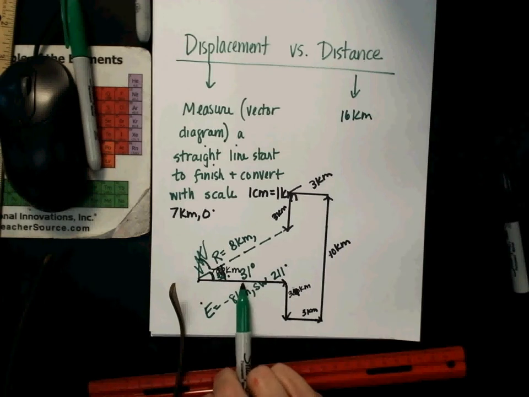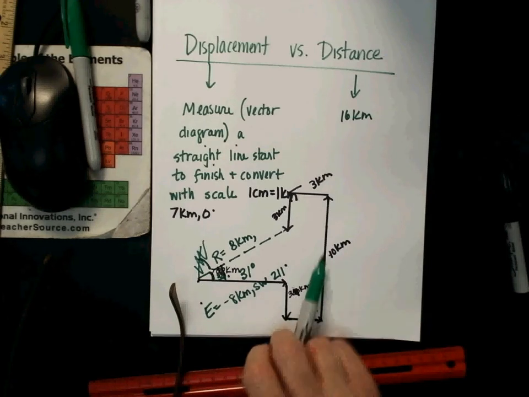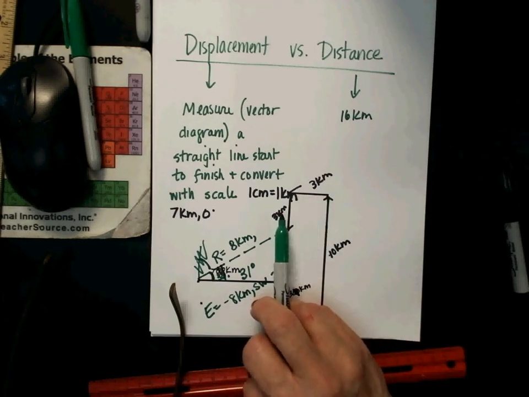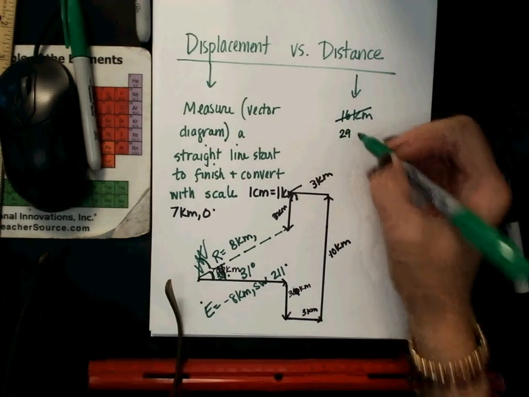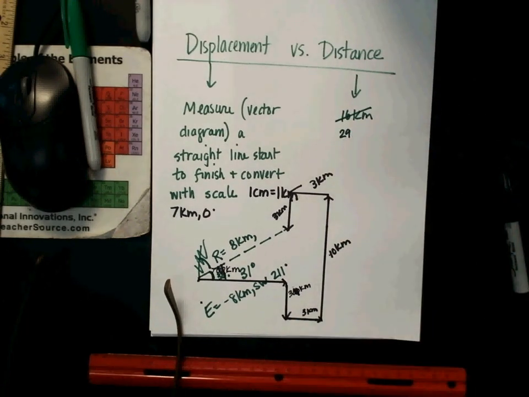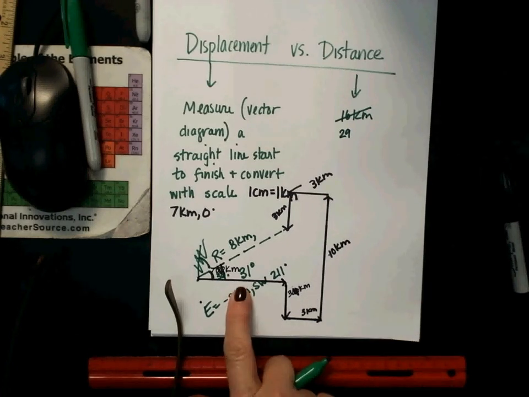Okay, let's do that. This one was 7, right? 7, 10, 13, 23, 26, 29. Did you leave a couple out? Maybe. Did you get 29? Really? Did I do something wrong? 7, right?